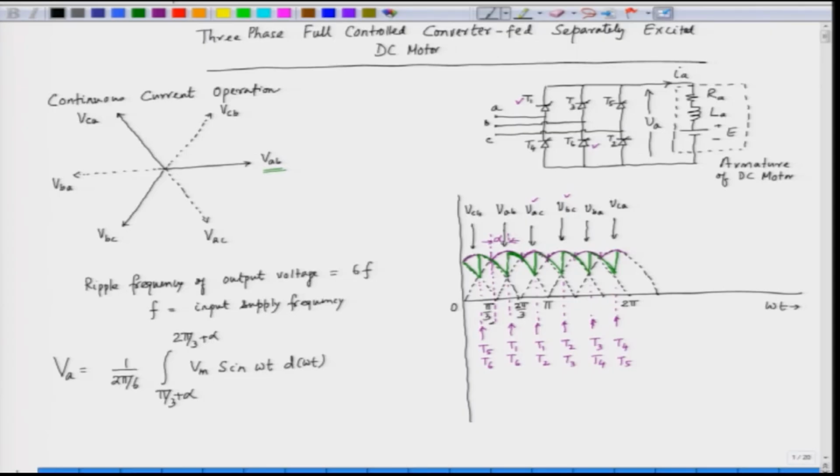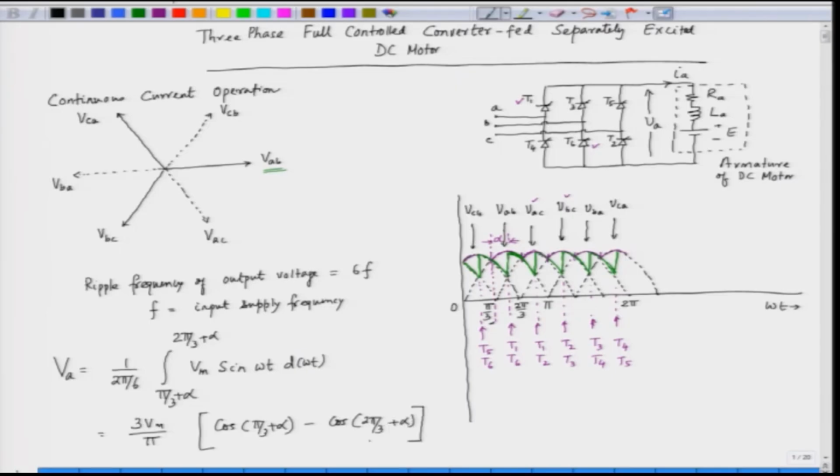Now, if we simplify this, we get 3 Vm by pi. Now, this is sine, so we have minus of cos. So, we get here cos of pi by 3 plus alpha minus cos of 2 pi by 3 plus alpha.